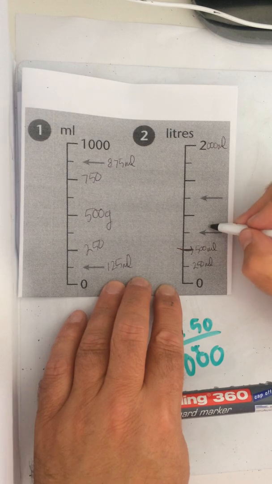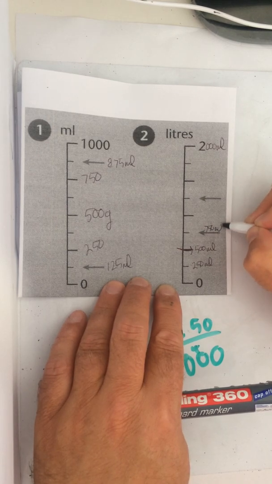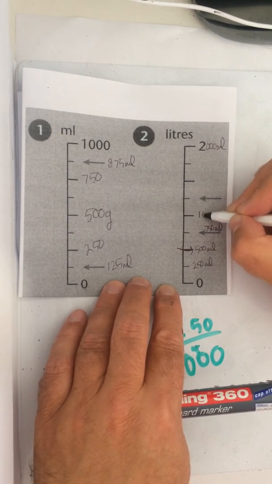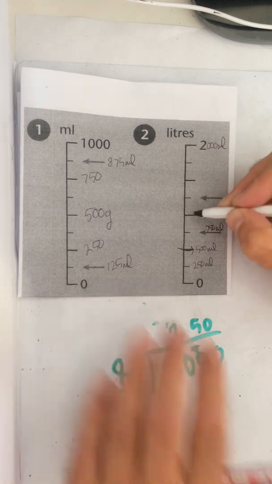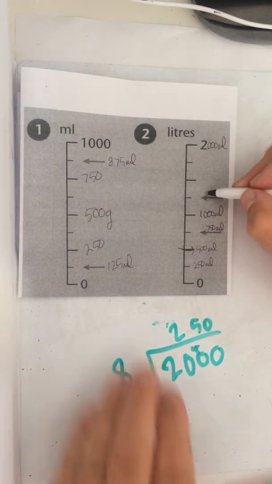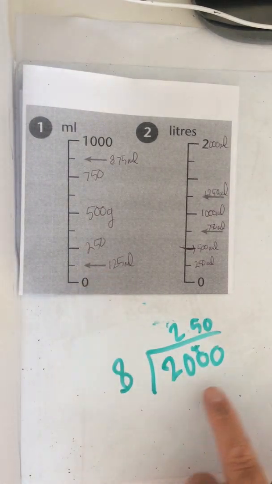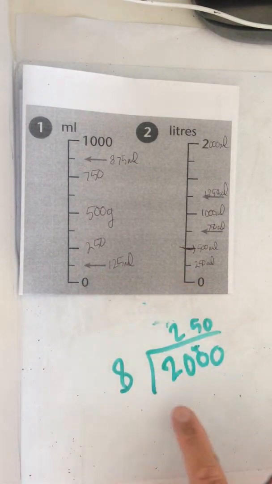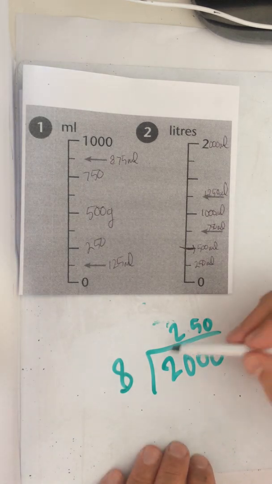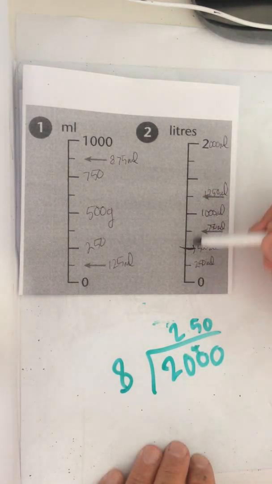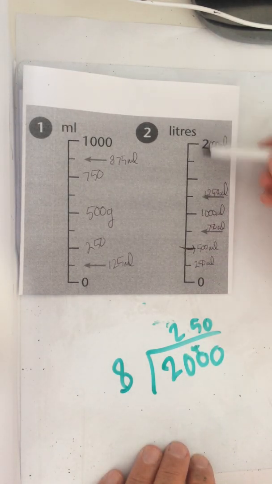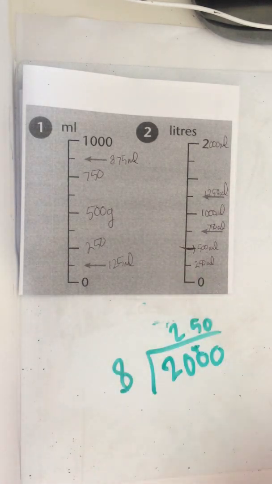That will be 750 milliliters. That's 1,000 milliliters, and that's halfway, isn't it? So that's going to be 1,250 milliliters. So you can work out what each gap is worth by dividing the difference between the two numbers by the amount of gaps.